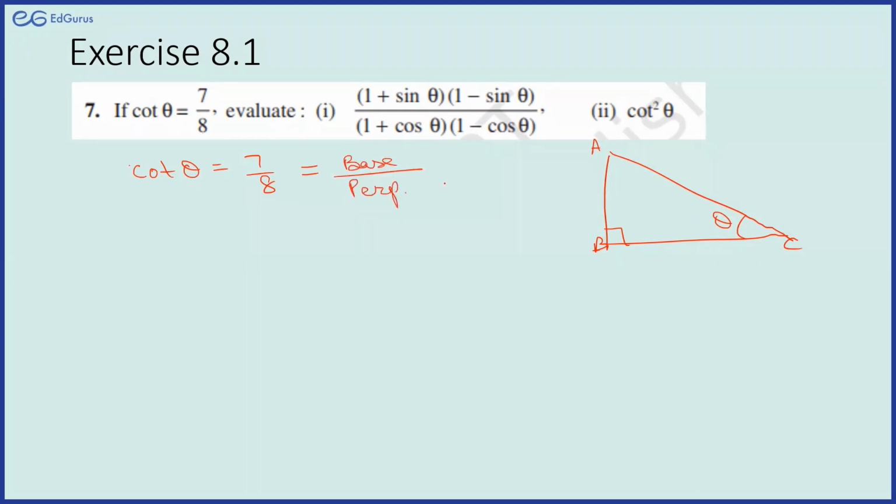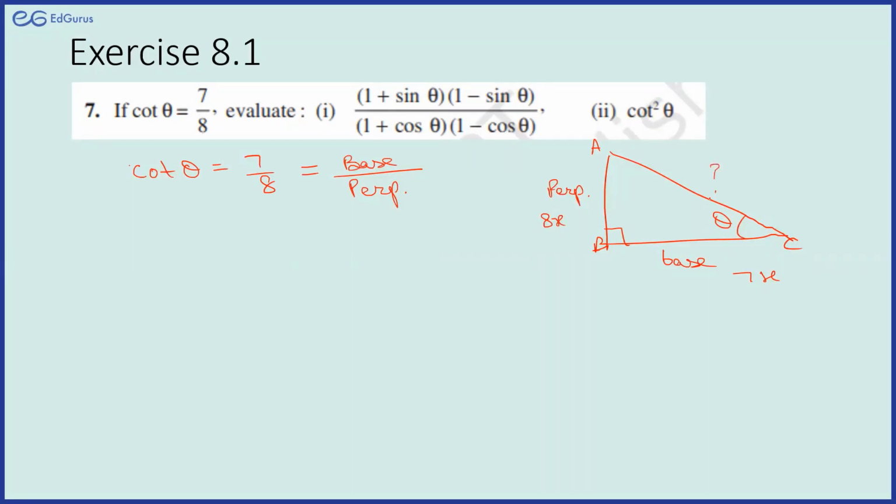Perpendicular, right? So with respect to theta, base is BC and perpendicular is AB, right? Yes, ma'am. So we can say this is my 7x and this is my 8x. Okay, na?